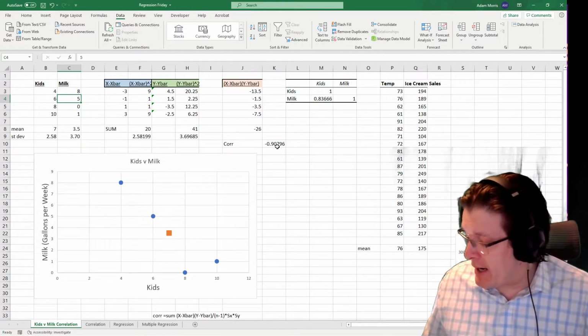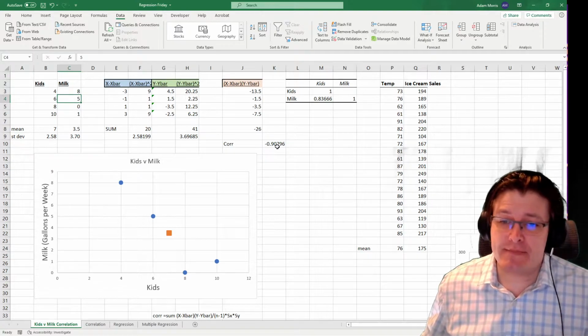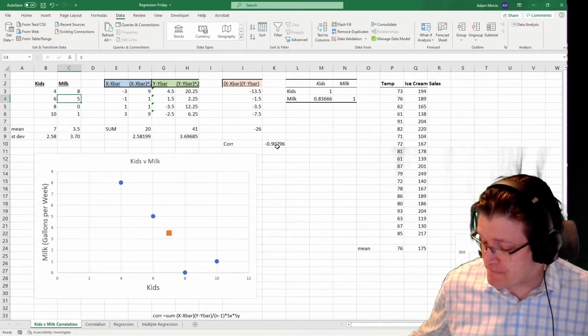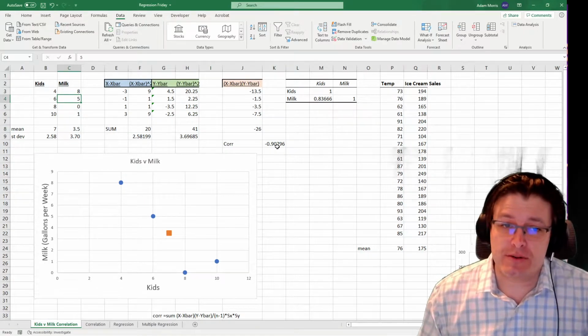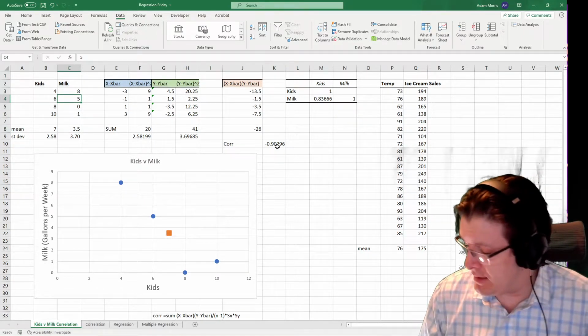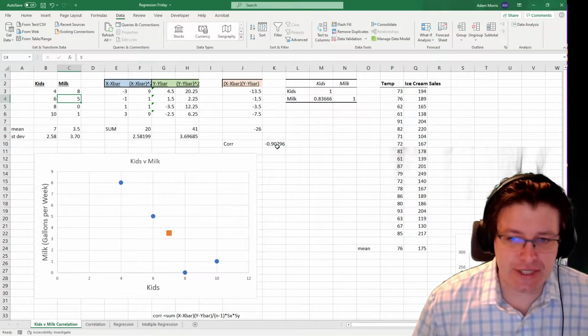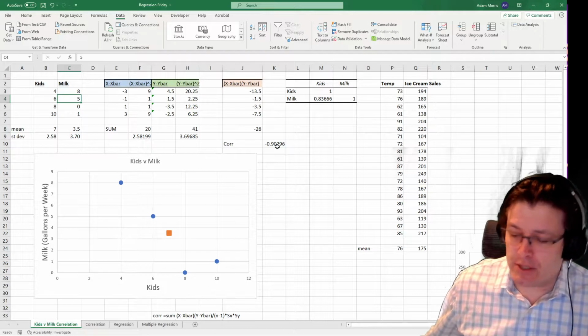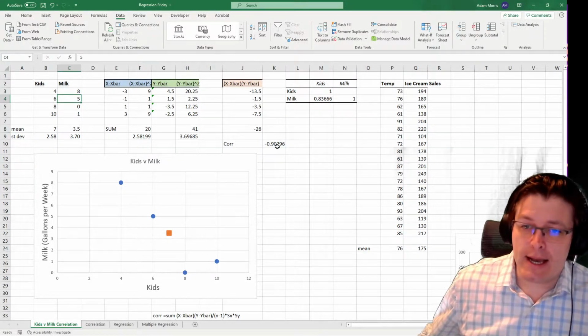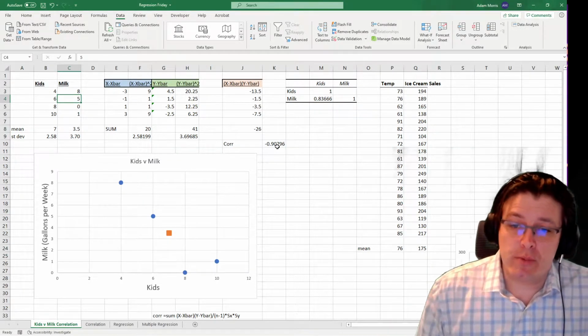So that's why it is possible to run a t-test and test whether or not the correlation coefficient is different from 0. And it follows much the same kind of logic and math as we've been doing. We're just not going to specifically do that for correlation. But we are going to do it with regression.